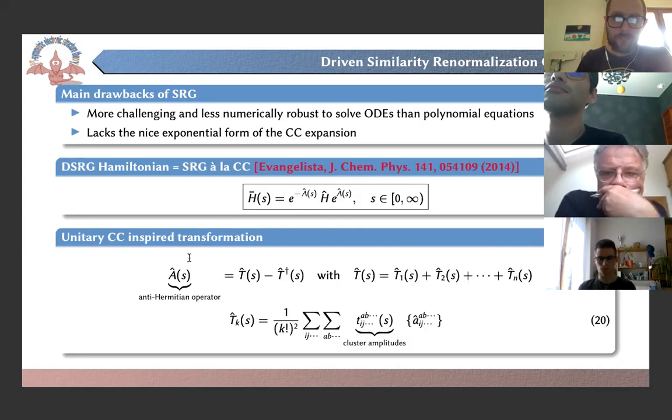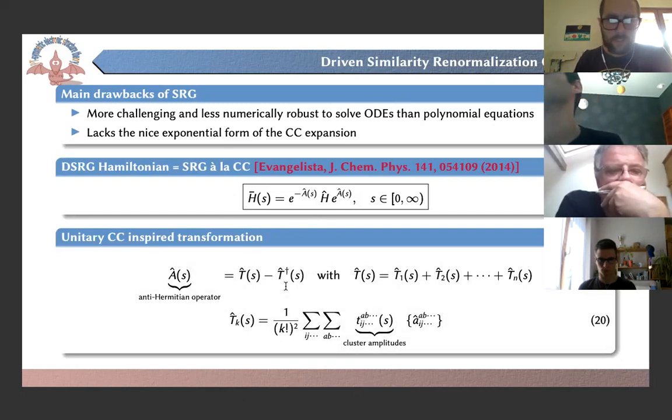So you have something that depends on S, and that's exactly the ansatz that you're using in unitary coupled cluster. That guy is very similar to unitary coupled cluster, but you have this S dependence in the transformation. So you can expand again, as usual, T, the amplitude that you want to find.